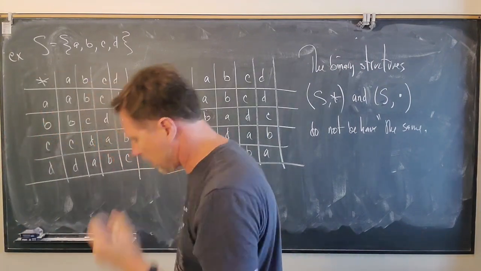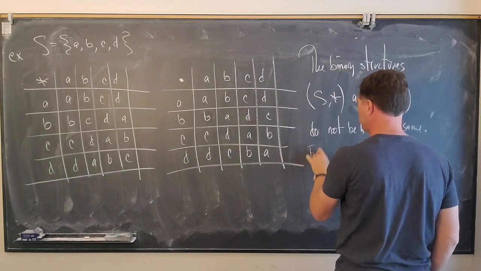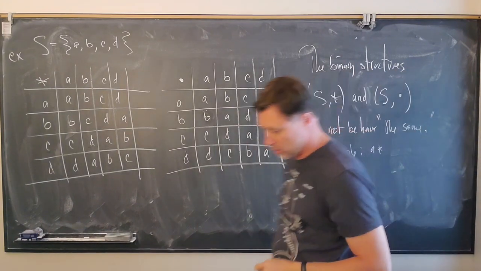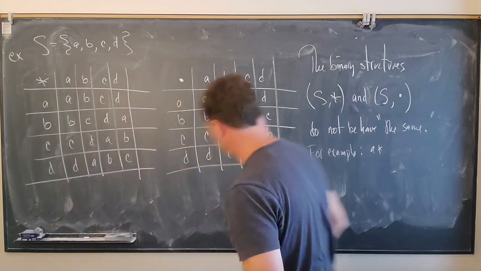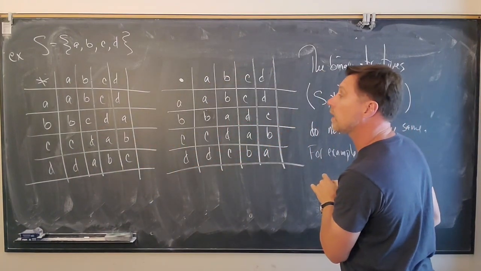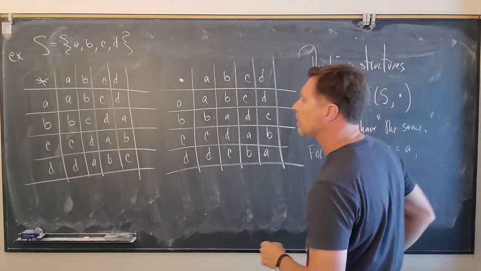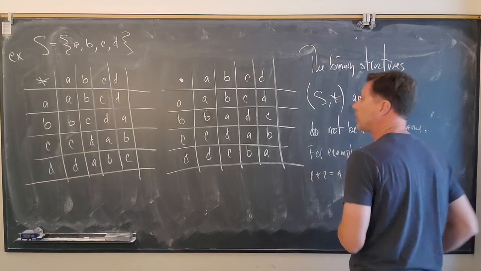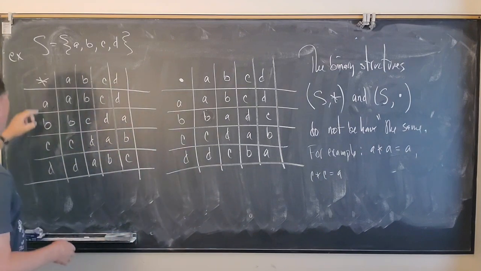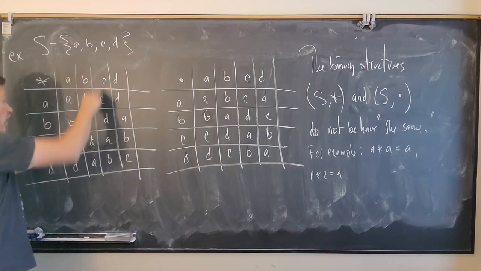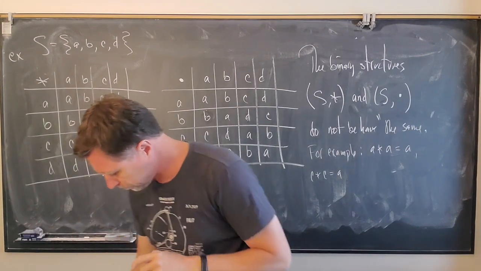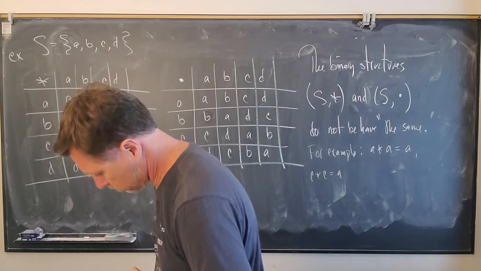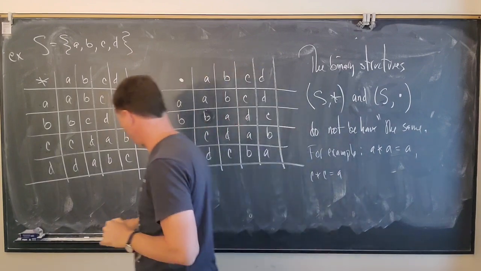So for example, A star A equals A, and C star C equals A. So in this table, we've got A star A equals A, and C star C equals A. Sorry, I need to say a little bit more.